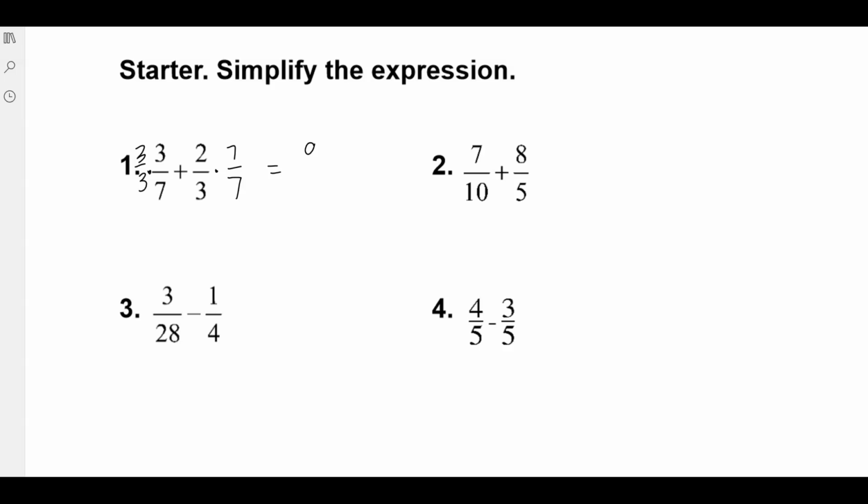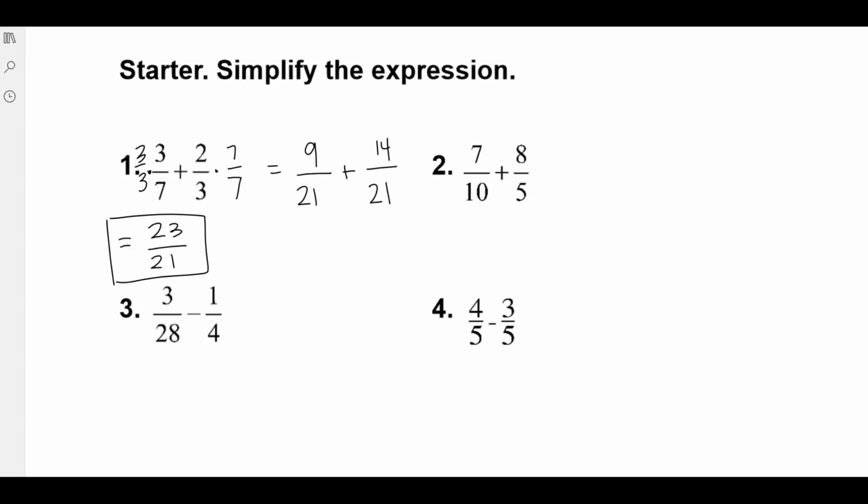So 3 times 3, you get 9 over 21, plus 2 times 7, which is 14, over 21. So now you have that common denominator, so now you can add the tops. So 9 plus 14, you're going to get 23 over 21. Can't simplify, so then you would be done.